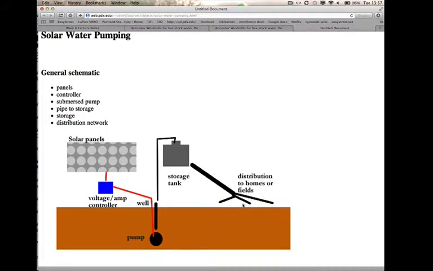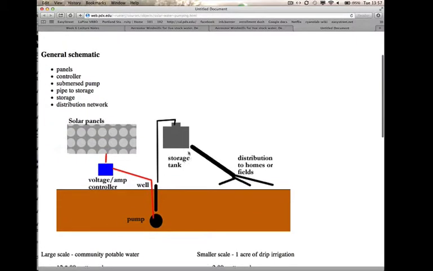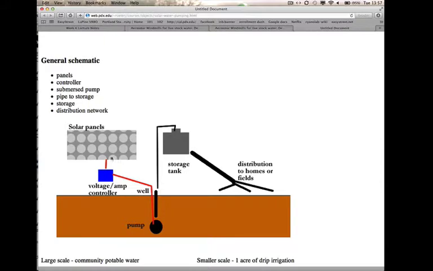So for example, for distribution to homes, of drinking water, we want to have a large tank. We're probably going to have more solar panels just because we're going to pump from a deeper well. But we need a large tank in order to be able to last over the dry period in some of these countries.